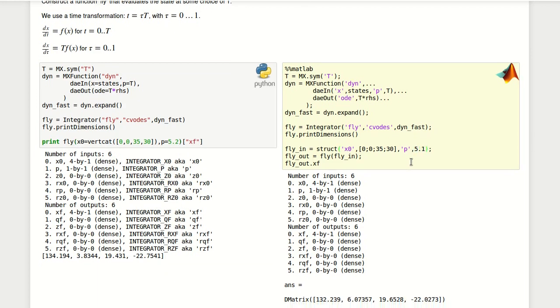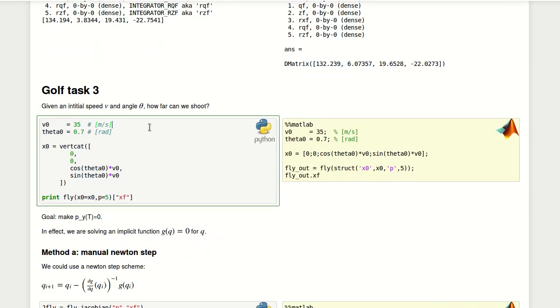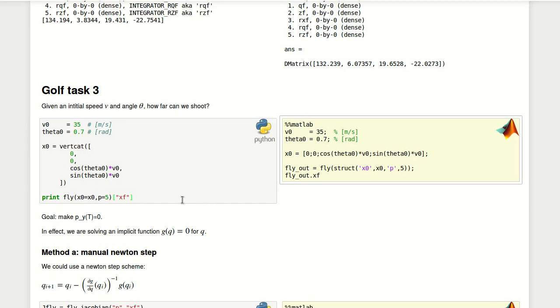Okay, task 3. We wonder if we give the golf ball an initial kick, where will we end up? So let's say we kick it with a velocity of 35 meters per second and some angle. We can compute the state vector from this. And let's say we're going to simulate for 5 seconds in this case.